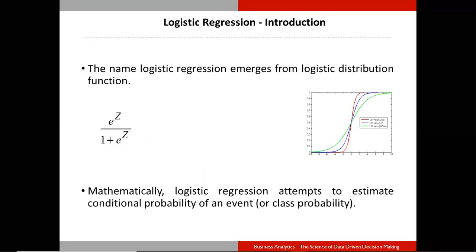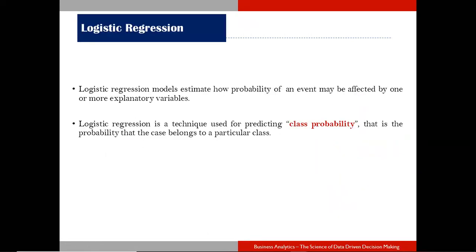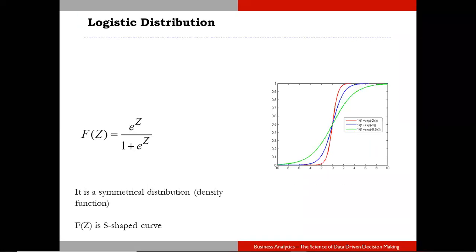When we do logistic regression, we have a function in this form, given by e power z by 1 plus e power z, where z is equal to beta naught plus beta 1 x. Wherever z is there, in its place I will have beta naught plus beta 1 x.